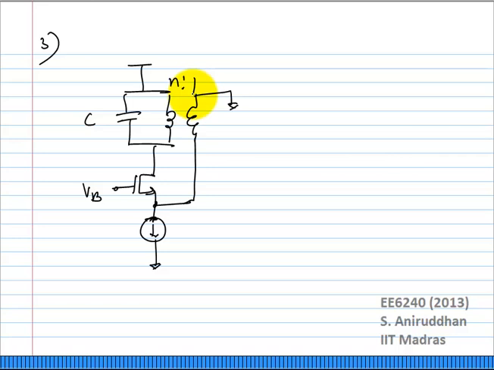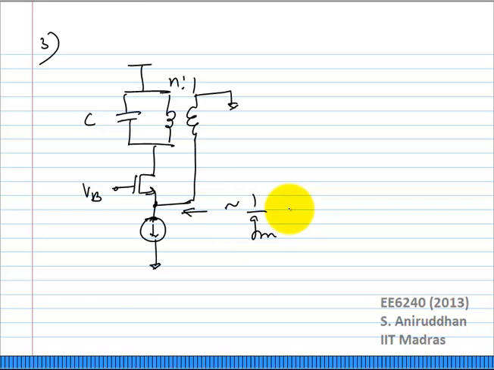But apart from that, if you look at the input impedance here, what is the input impedance here? It looks something like 1 over Gm. Obviously you have some impedance looking up at the drain, but assuming that the transistor output impedance is large enough, the input impedance looking in here is very close to 1 over Gm, which is normally very small.